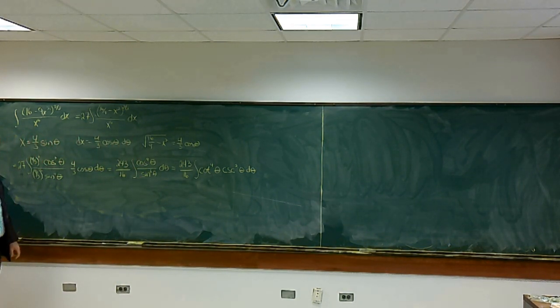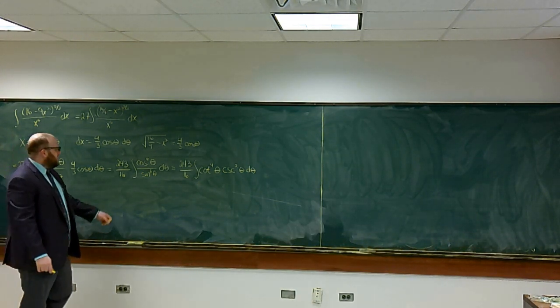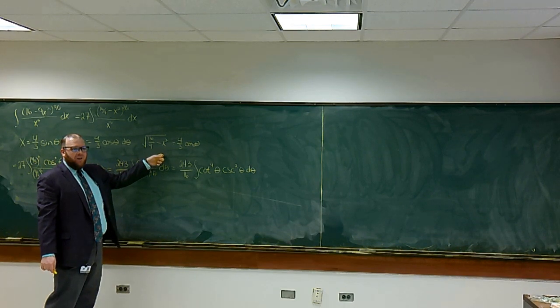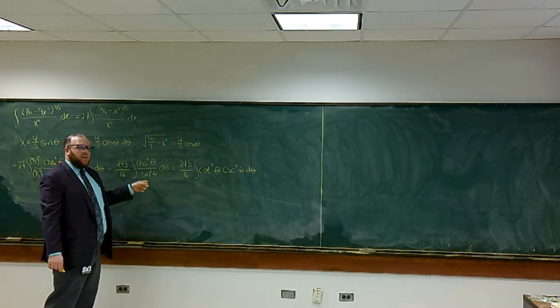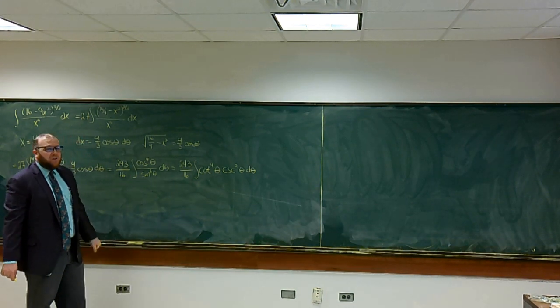You could also write cosine squared as 1 minus sine squared. Then this becomes 1 minus sine squared squared. Expand that out, and then divide each term by sine to the 6th like we did before.